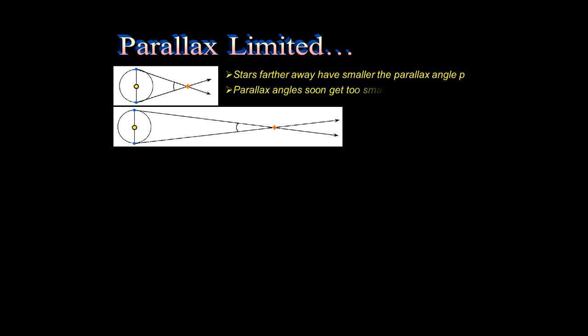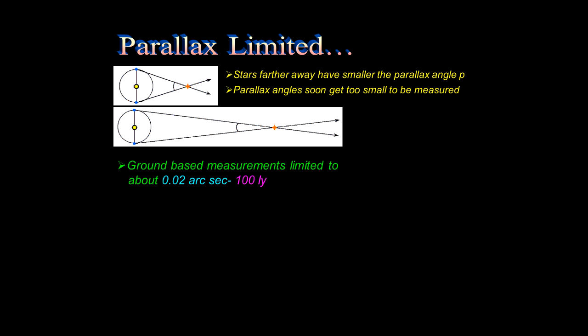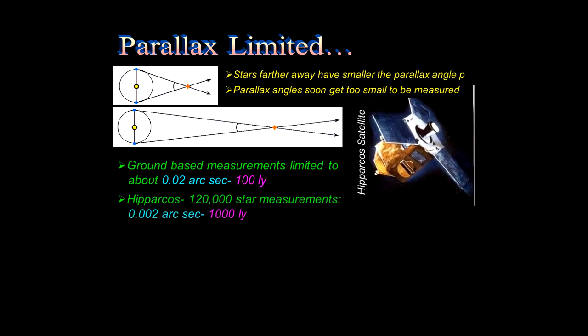Stars farther away have smaller parallax angles, and soon the angles get too small to measure with our technology. Ground-based measurements are limited to about a 50th of an arc second, or 100 light years. Now this is changing, so it's a moving target. I don't know how accurate the 50th of an arc second is, but it's in that ballpark. That gets us out to about 100 light years into the galaxy.